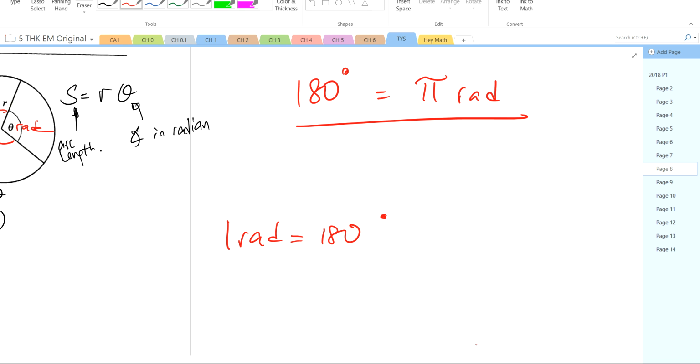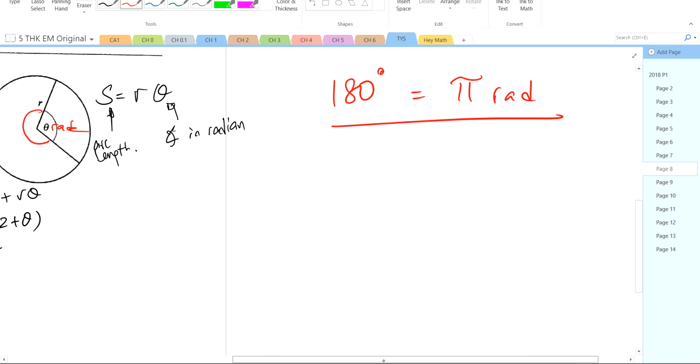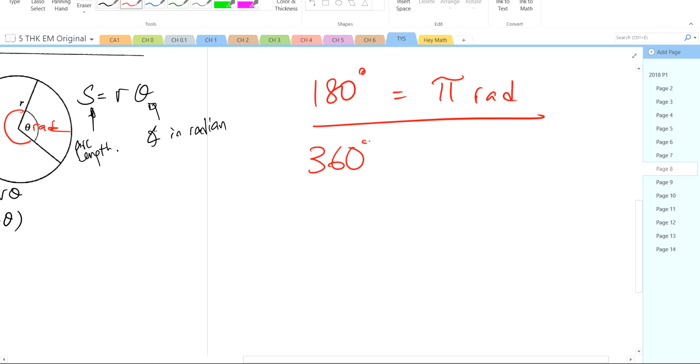pi radian, right? So how many degrees in a circle? 360 degrees. Agree? If it is a degree question, all I need is 360 degrees minus whatever angle that is, right? But now it is radian. So I need to convert my 360 degrees into how many radian? 2 pi. Agree?